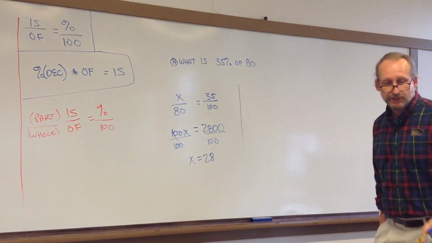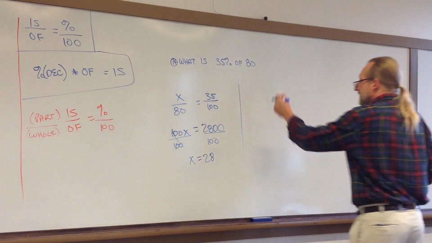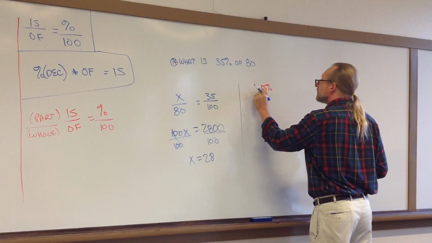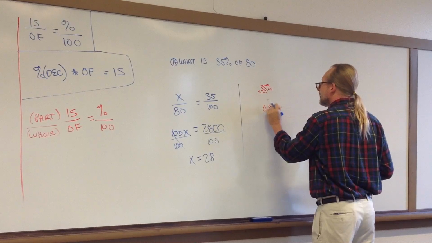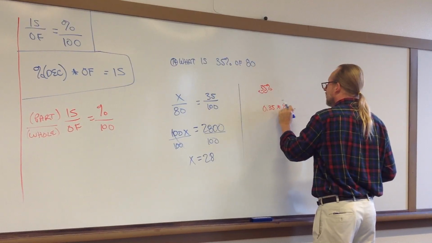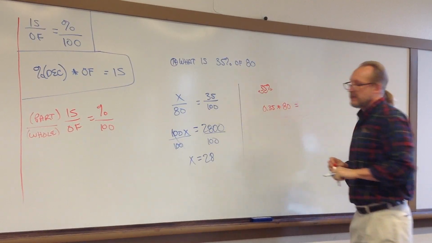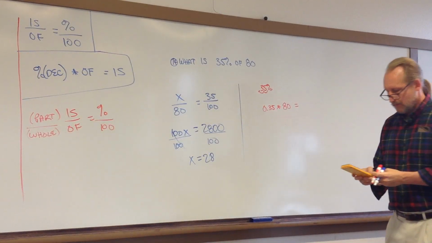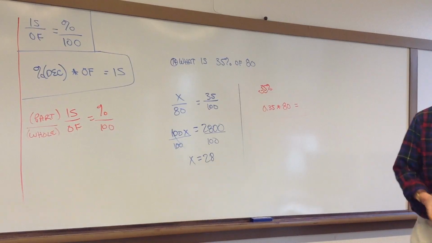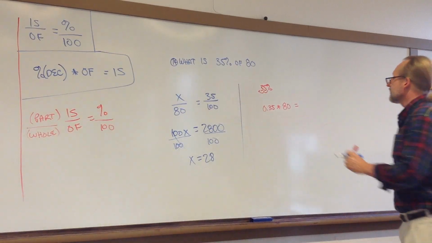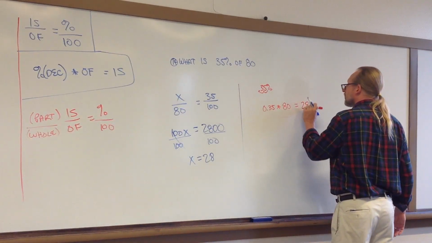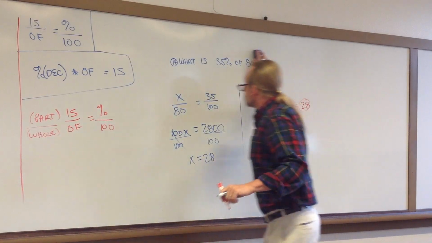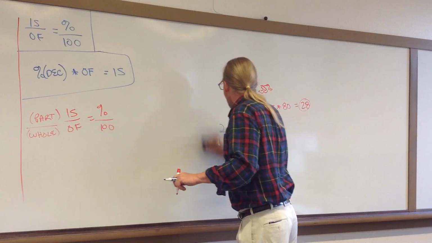And if you want to approach this the other way, you would take this percentage and turn it into a decimal. 0.35 times the of will give us our answer. And again, if we do 80 times 0.35, we'll just get that 28 straight off the bat. Okay, well that's good. Let's keep moving here.